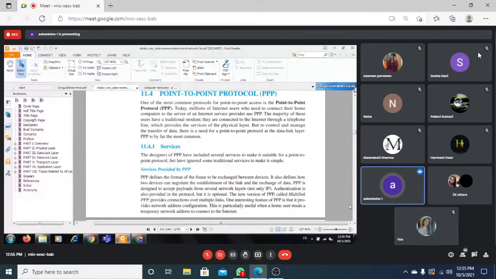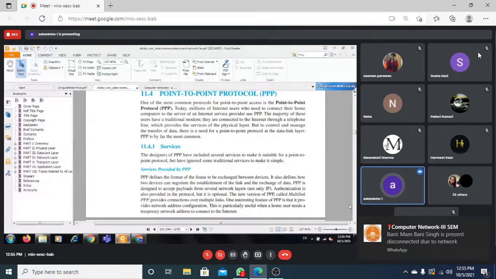And what are the services provided by the point to point protocol? We say that it defines a frame format to be exchanged between the devices, because as we all know that data link layer is between the network layer and the physical layer. Network layer is sending some packets from above, because it is receiving from the application layer some data or message, then the transport layer, then network layer.